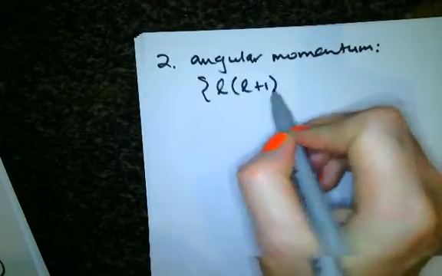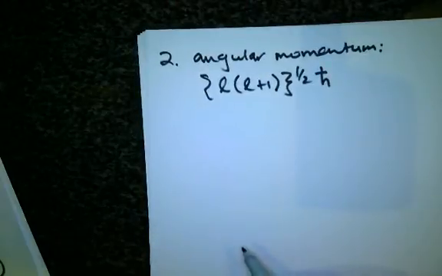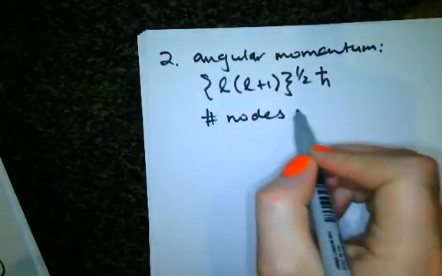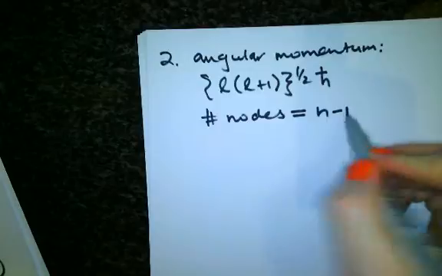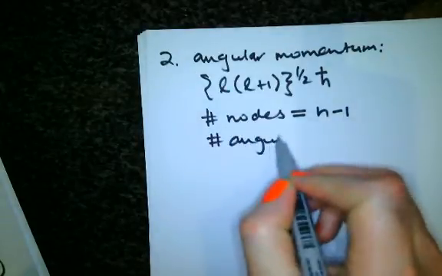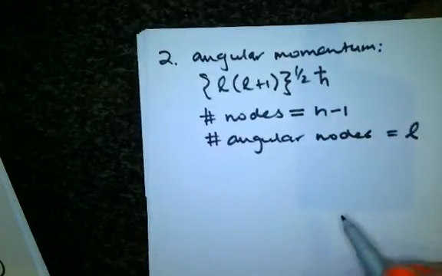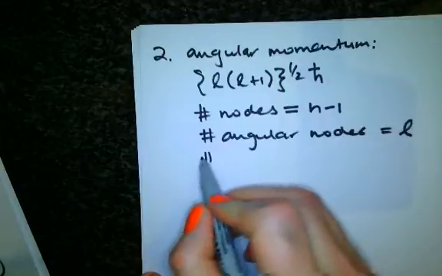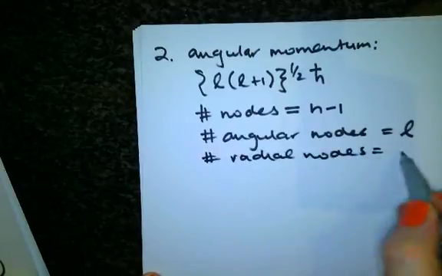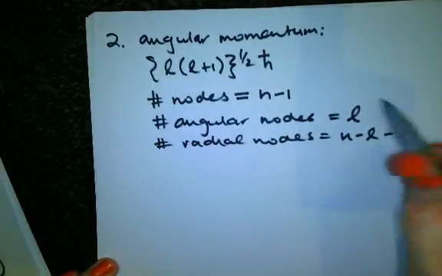Using that expression, the total number of nodes is equal to n minus 1. The number of angular nodes is equal to the quantum number L, and the number of radial nodes is equal to n minus L minus 1. So this is a piece of new information that we haven't seen before.